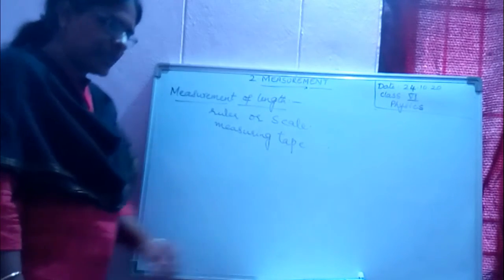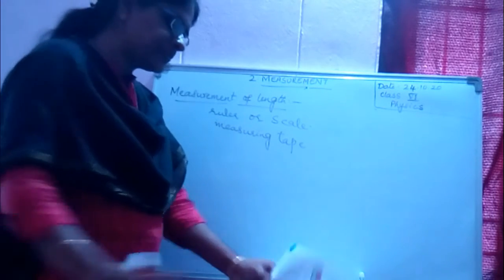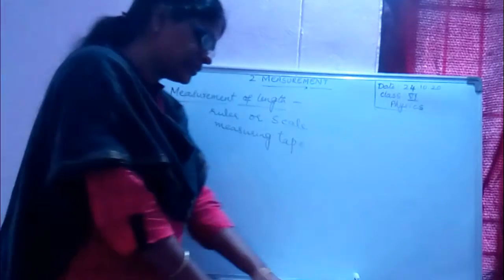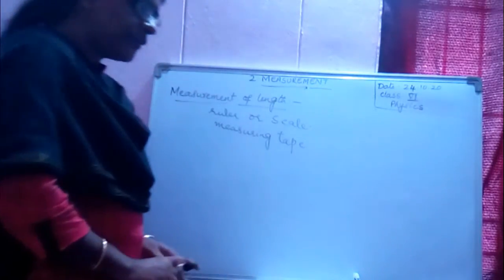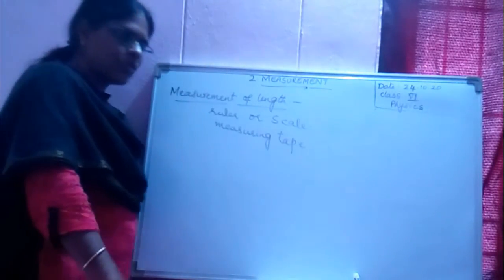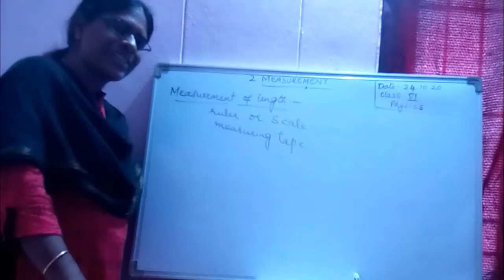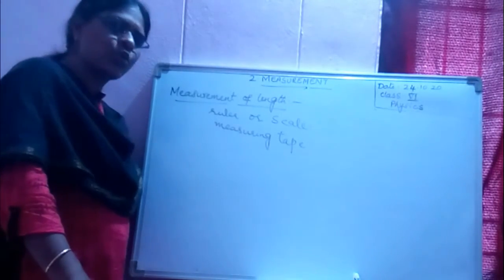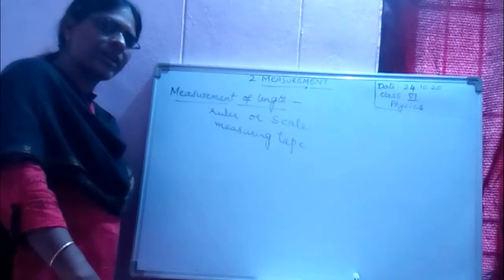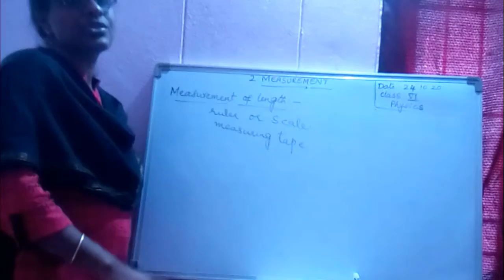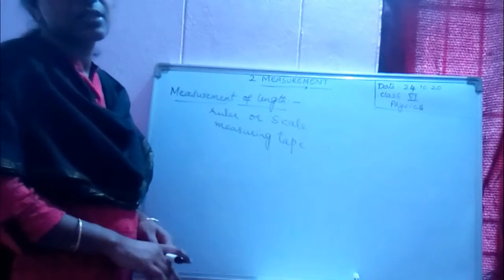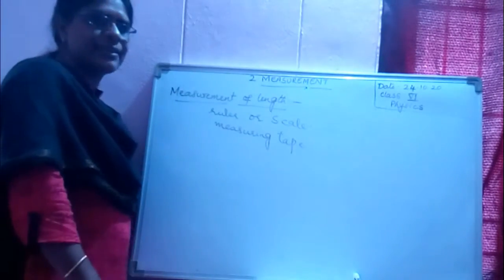Now look at page number 28, figure 2.4. What has he shown? Measuring tape and a ruler or a scale. These are used to measure the length.